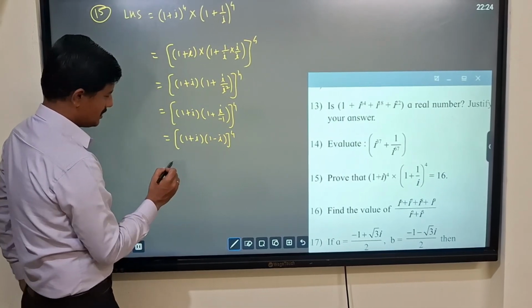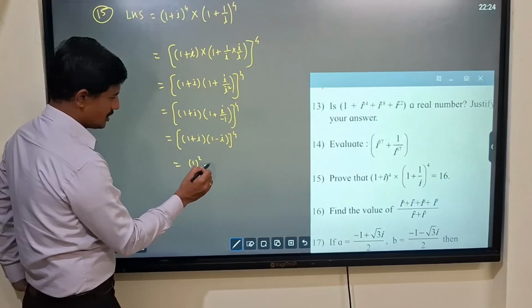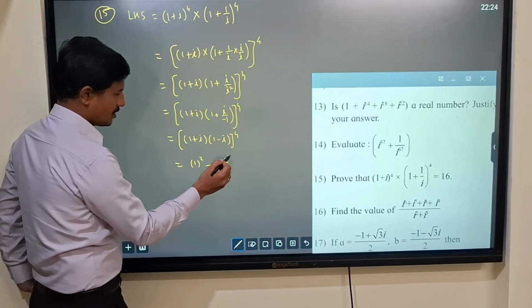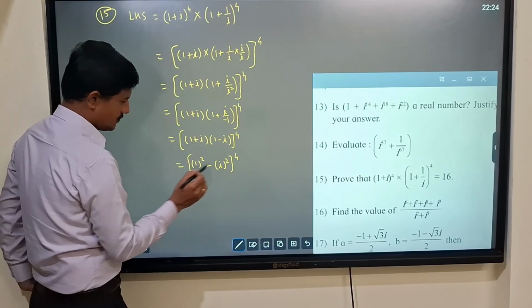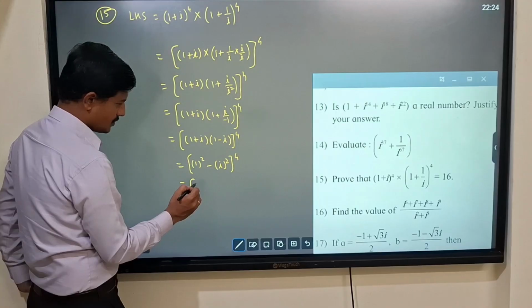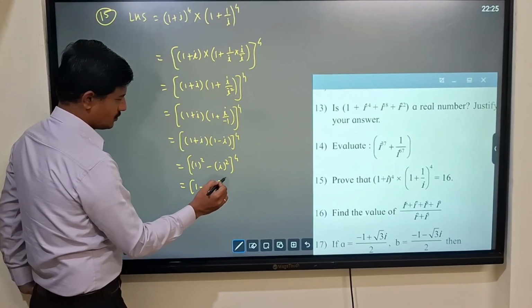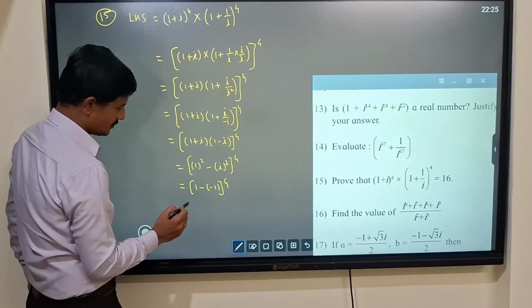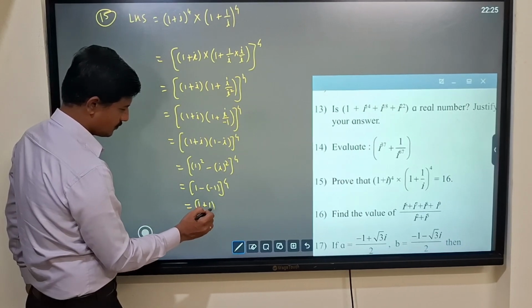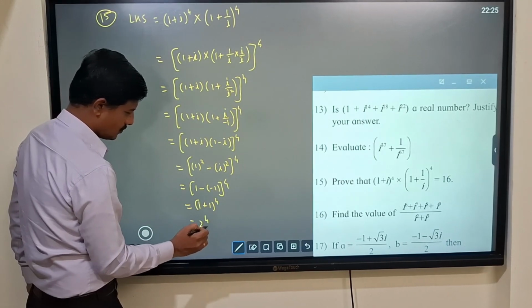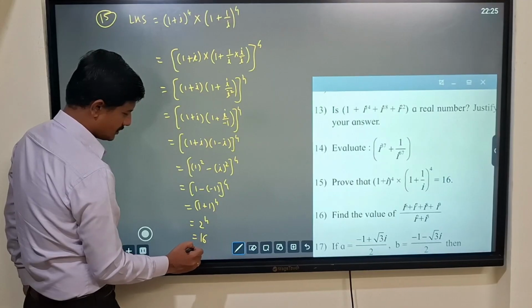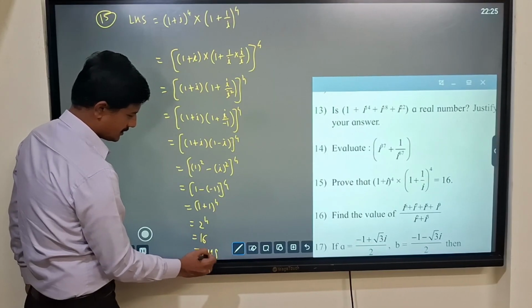This is a plus b, a minus b, so it becomes 1 square minus i square, whole raised to 4. So this is 1 minus of minus 1, raised to 4. i square is a minus 1, so this becomes 1 plus 1 raised to 4. So this is 2 raised to 4 equal to 16, which is RHS, hence proved.